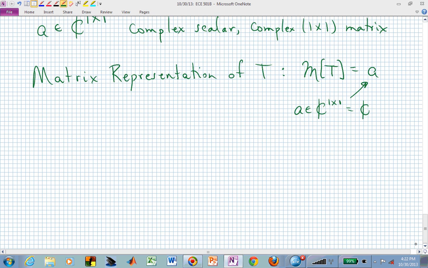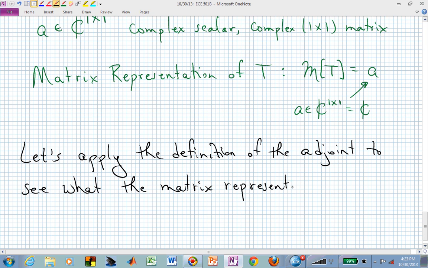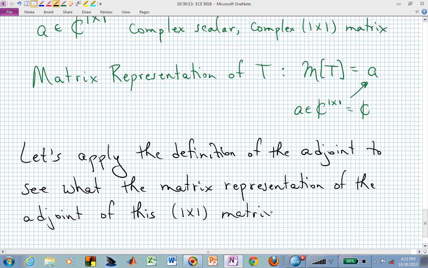Let's apply then the definition of the adjoint to see what the matrix representation of the adjoint of this one-by-one matrix looks like.